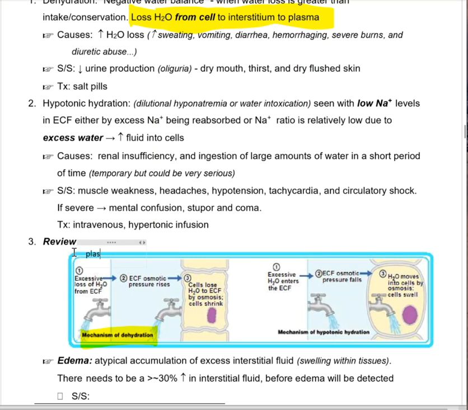So this is plasma, this is interstitial fluid, and these are body cells, right? And then guess what? Same thing here. So we have plasma, interstitial fluid, and body cells.